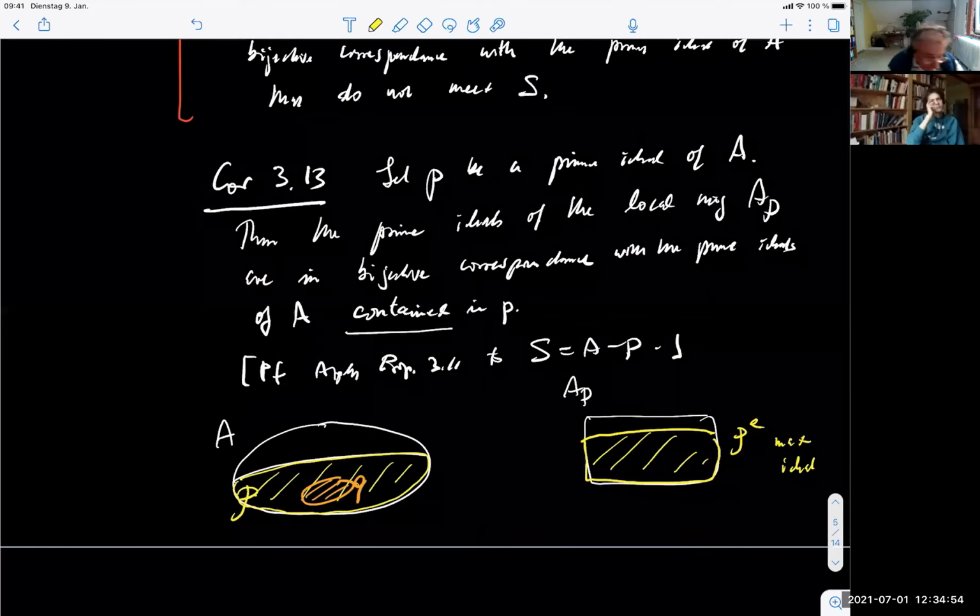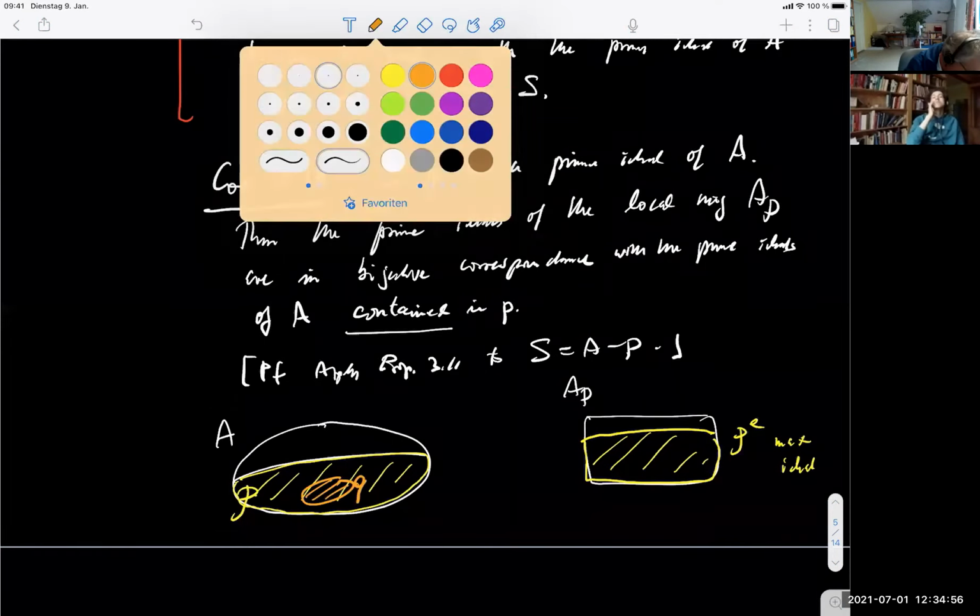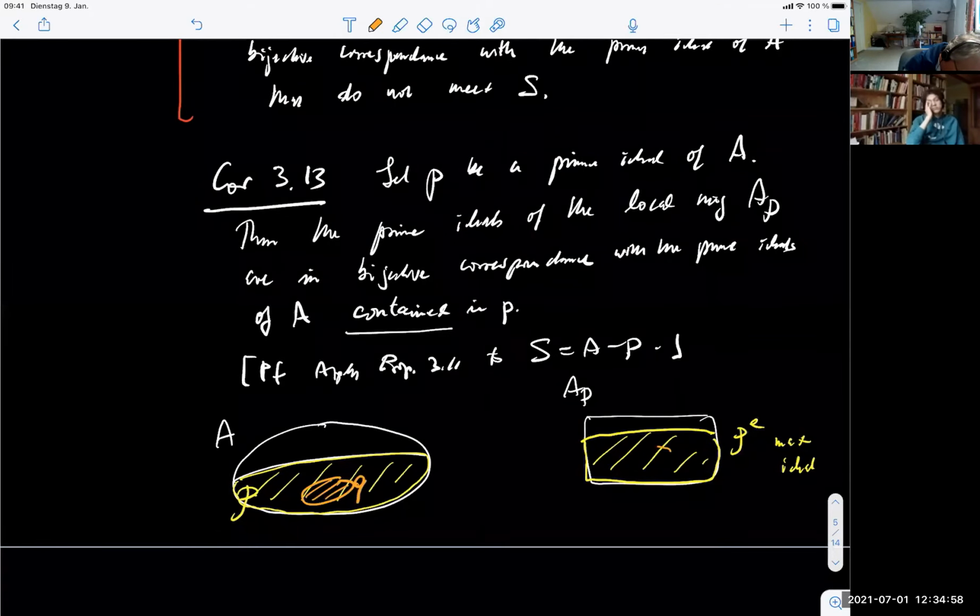And the orange one, if I extend it, is contained here. So this is Q extended. And I have a bijection. The bijection is not on the level of rings, but on the level of prime ideals. I have a bijection between the prime ideals contained in P and the prime ideals contained in P extended.